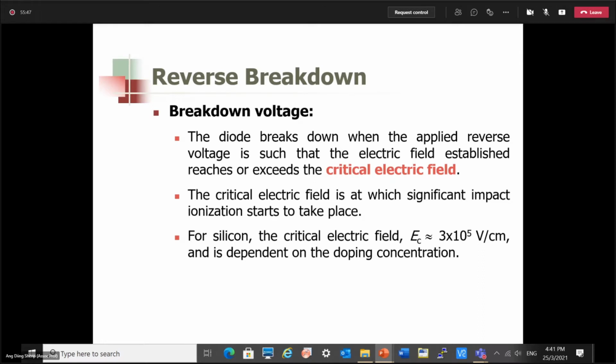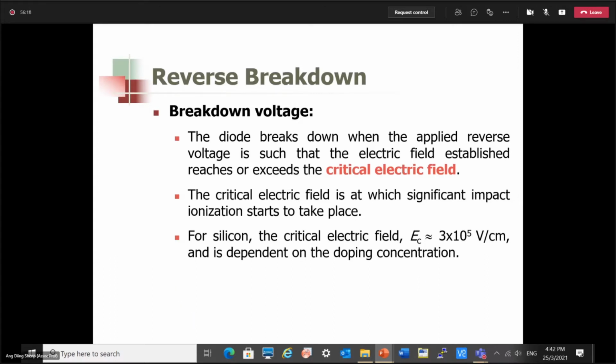A scattering event is an event where the charged particle, electron or hole, loses its energy. Okay, so with more scattering due to more doping impurities, the process by which the charge carriers gain high kinetic energy is less favorable. Okay, so the critical electric field will tend to be higher when the doping concentration is increased.